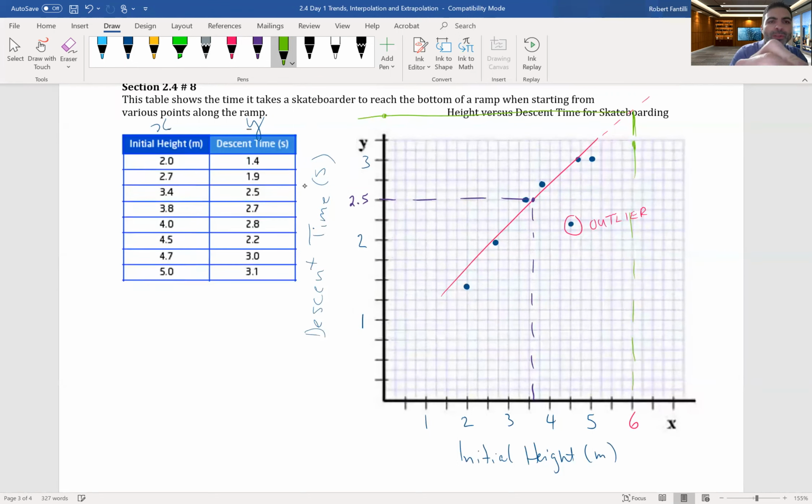If you look at your table of values, 3.6 initial meter height is somewhere between these two values here. So it's somewhere between our data that's given, but 6 meters, because it ends at 5, is now beyond the set of data. So that would be extrapolation. It's outside the data. Okay, so hopefully that helps.